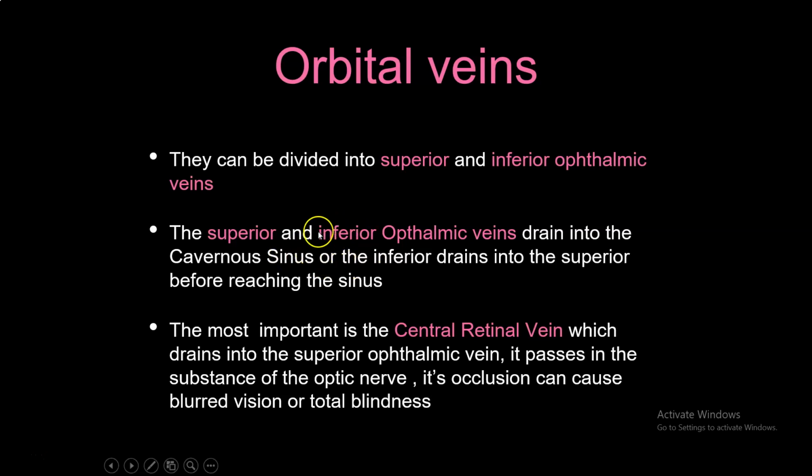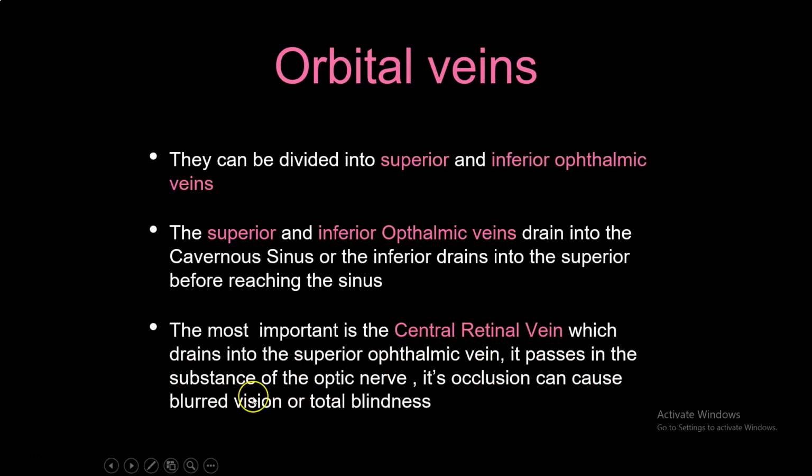You know the veins have many variations, so you can find each vein draining into the cavernous sinus, or the inferior vein draining into the superior and the superior draining into the cavernous sinus. Many variations you can find, and the most important of the orbital veins is also the central retinal vein, which drains into the superior ophthalmic vein, and it passes in the substance of the optic nerve.